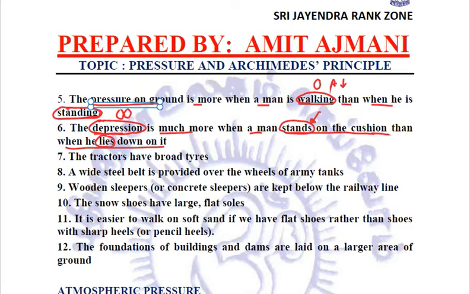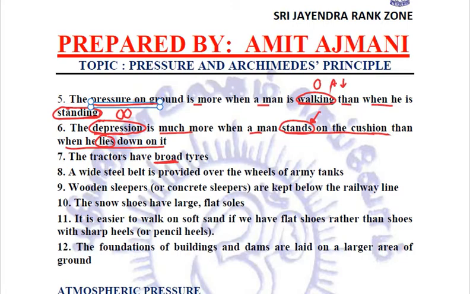We have seen the tractors, the hind tires, the behind two tires are very broad. Why is it so? Because the tractor is normally used in the fields where the soil is quite muddy or soft.